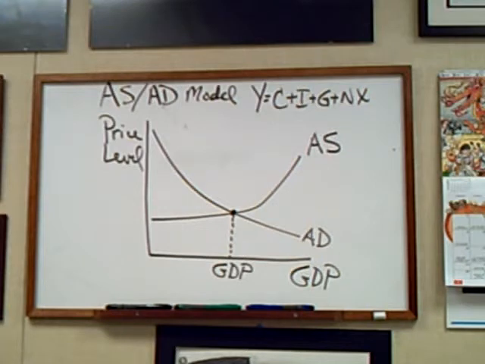Here, since we have the aggregate or the entire economy, you can't substitute anything for everything. So it's curvy for that reason. You'll also note that the intersection of the aggregate supply and aggregate demand model does in fact indicate where the economy is.